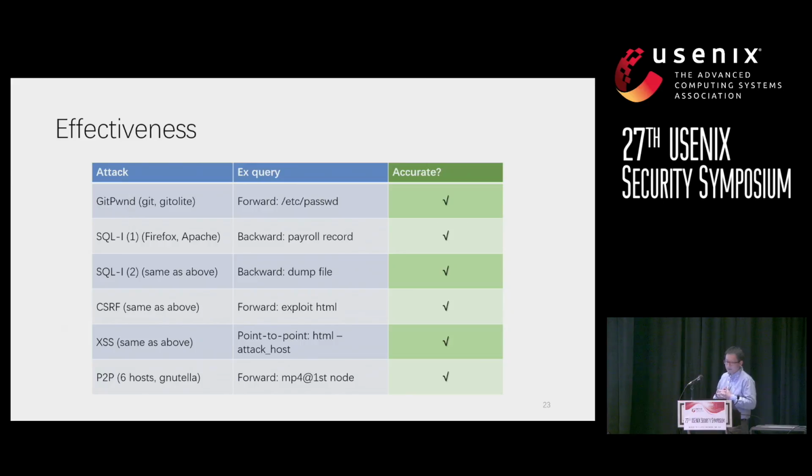We also have the CSRF case in the server and client setting, and one cross-site scripting case. And we use a peer-to-peer case with 6 hosts, using the Gnutella peer-to-peer file sharing protocol to evaluate our system. When we do these queries, we find that we can accurately recover the exact data flow across these different hosts.